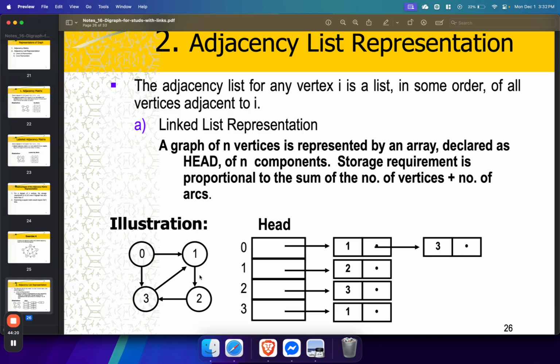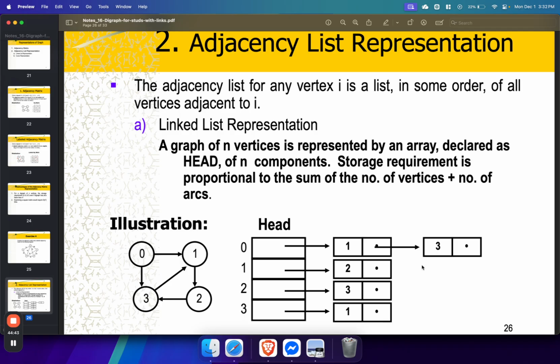So in the linked list representation, when there is an arc going from index n to index m, that means from your linked list, index 0, there is an arc going to 1, and there is an arc going to 3.